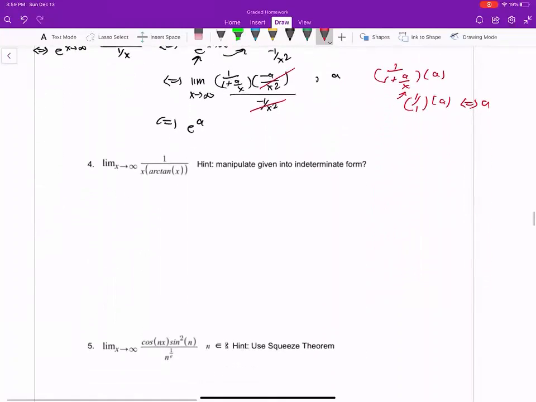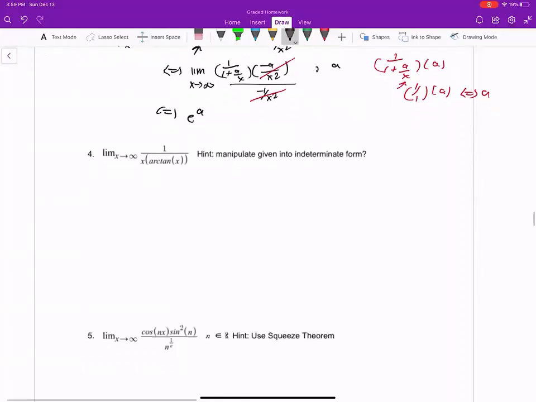Now, for the second question, you would think that you wouldn't know how to solve this. If you plugged in infinity, you would get an indeterminate form. But you can manipulate the given information into an indeterminate form where you can then apply L'Hospital's rule.